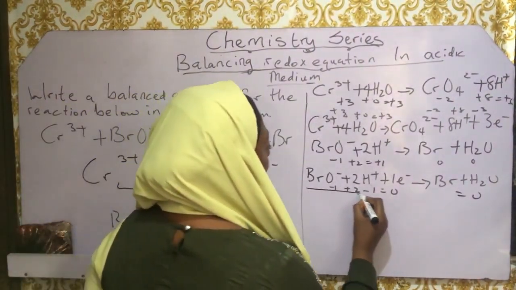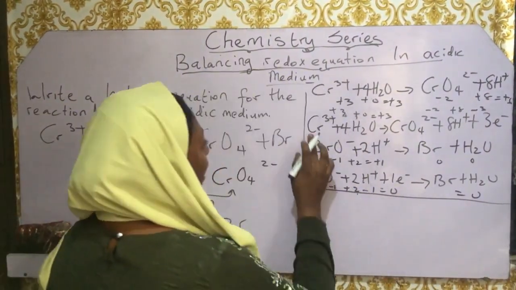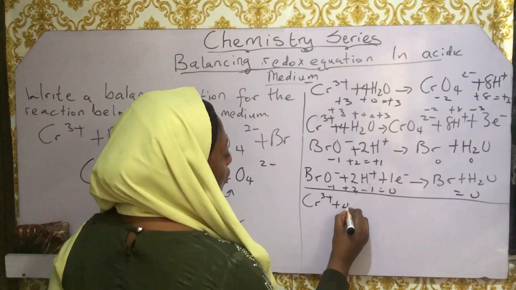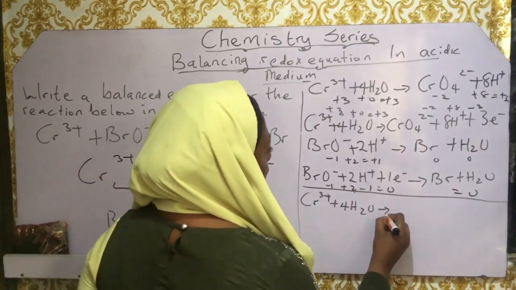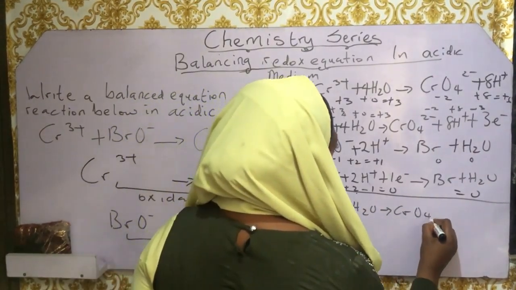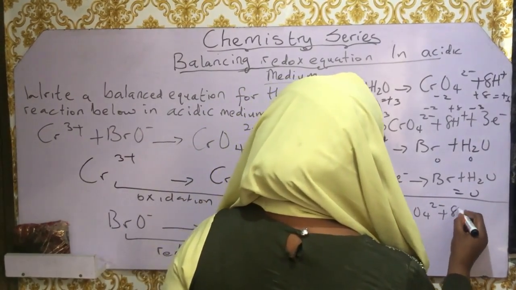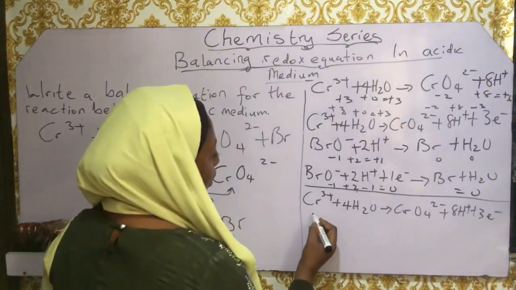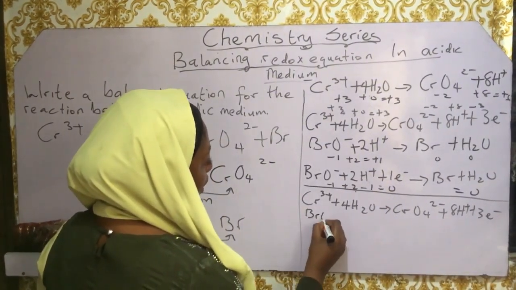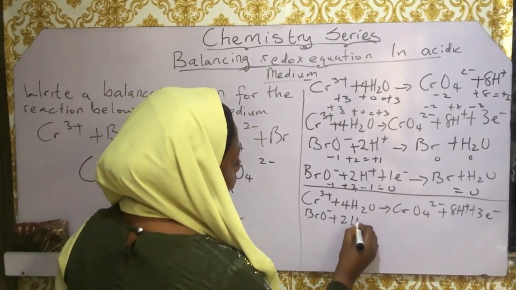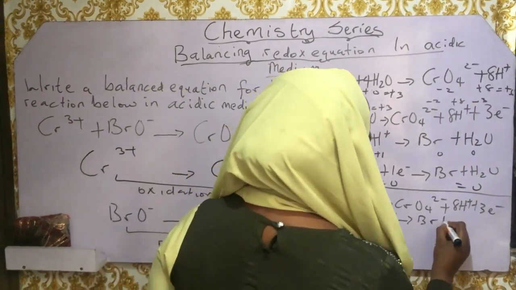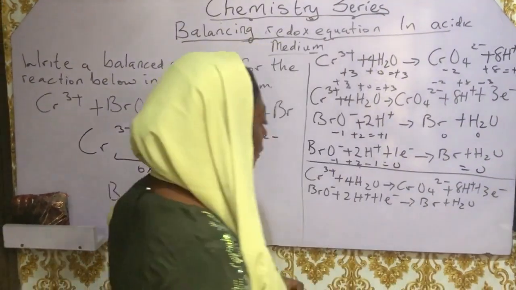So comparing the two half reactions, in order to make our work much neater, I'm going to bring this down. I have Cr3+ plus 4H2O to give CrO4 2- plus 8H+ plus 3 electrons. And here I have BrO- plus 2H+ plus 1 electron to give Br- plus H2O.